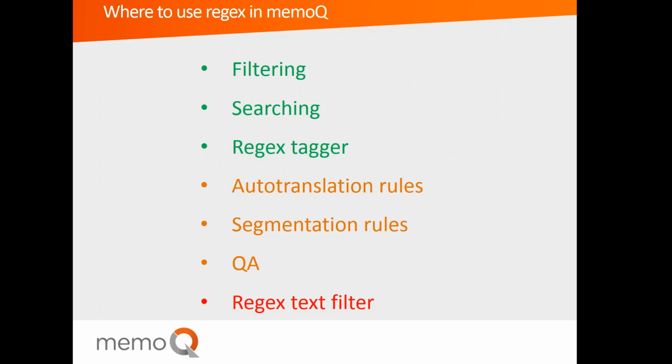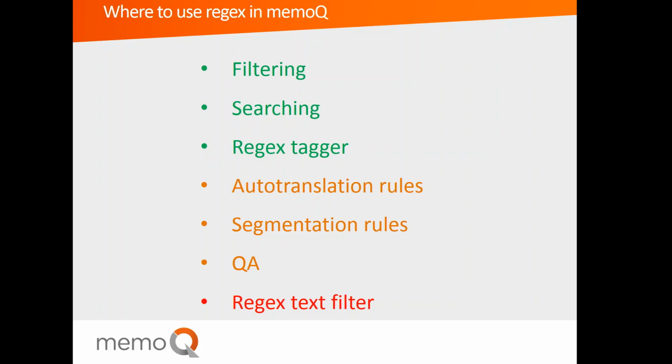We can also use the regex tagger that turns these matching patterns into red tags so that they are excluded from the translator's reach. You can't modify them, you can't make any changes and so spoil them. So you can preserve these things in the target text.